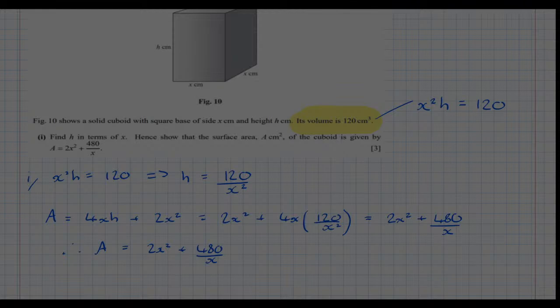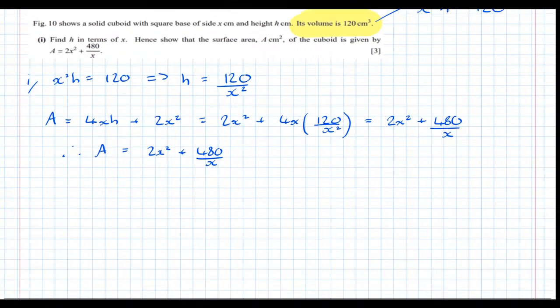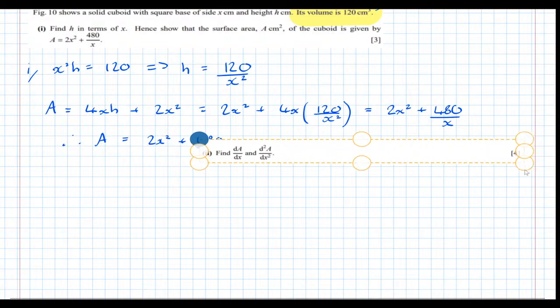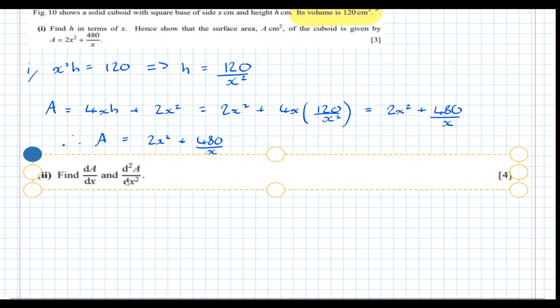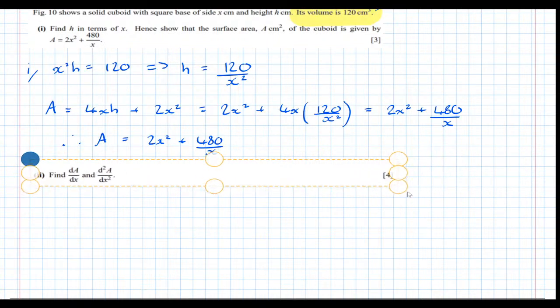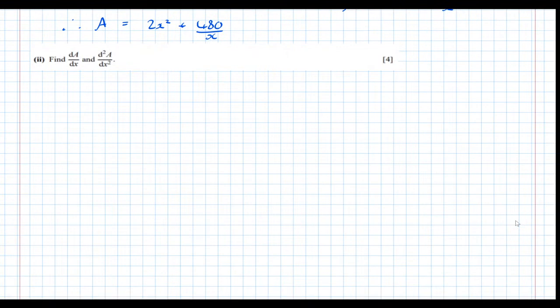So part 2, as with all these optimization questions, we're almost certainly at some point going to be asked to differentiate. So it's asking us to find dA by dx and d2A by dx squared. Go for it.